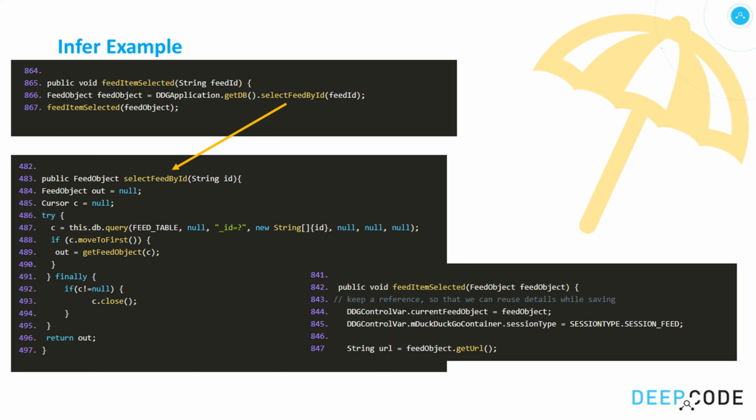Then out equals get feed object is actually not initialized. So out will not be assigned. We will go into finally, we will execute the finally. C is not null, so it will be closed. Everything is nice. But the problem with this is, what is out now? Out is still what the initialization was, which is null. So we are returning a null.